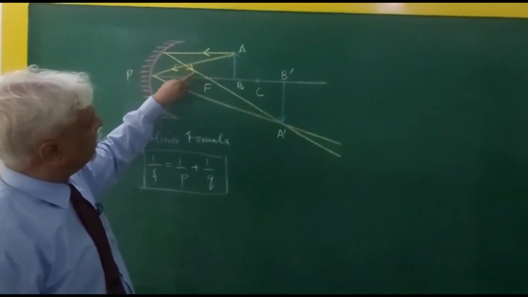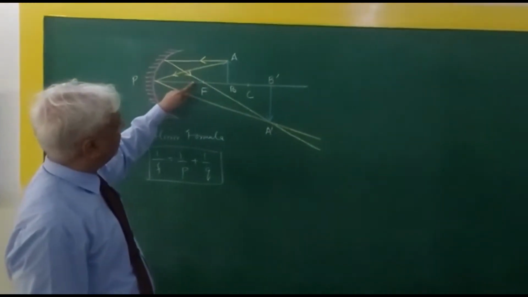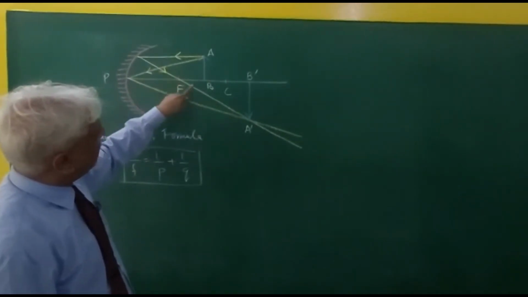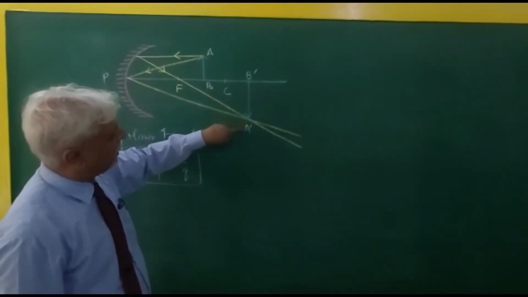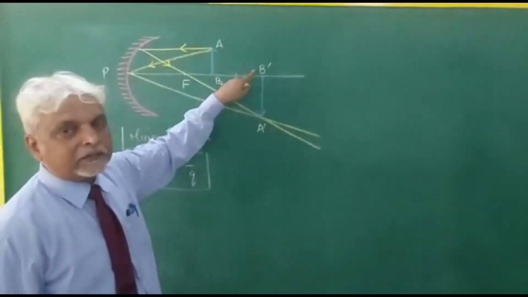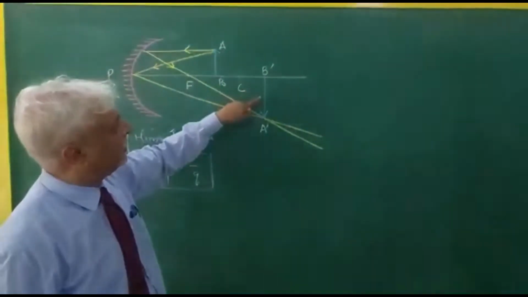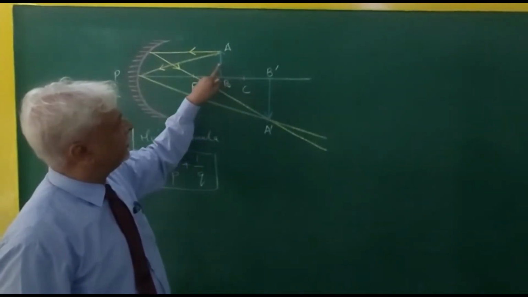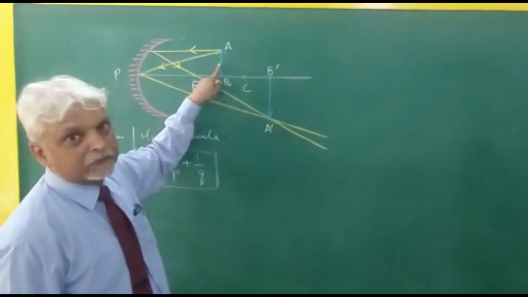The angle between the principal axis and the incident ray, and the angle between the reflected ray and the principal axis will be the same. Where these two rays meet, the image will be formed. A dash B dash is the image, and this image is real, inverted and magnified. It's larger than the object.